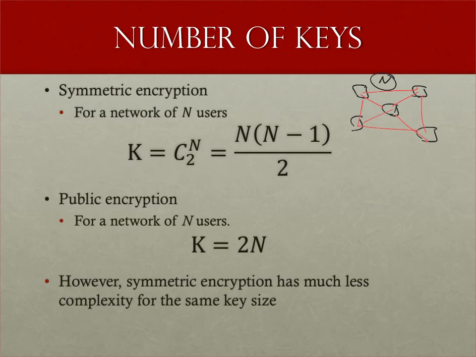So how many keys do I need in the case of symmetric keys and in the case of public keys? For symmetric keys, it's basically n combination 2. Each two nodes need to communicate together. In other words, each node wants to communicate to the other n minus 1 nodes, and I need to multiply that by n.